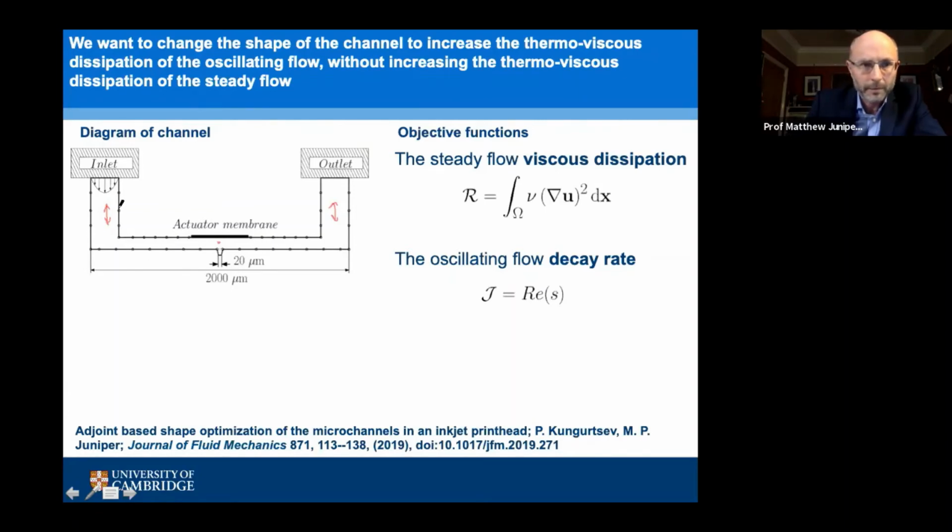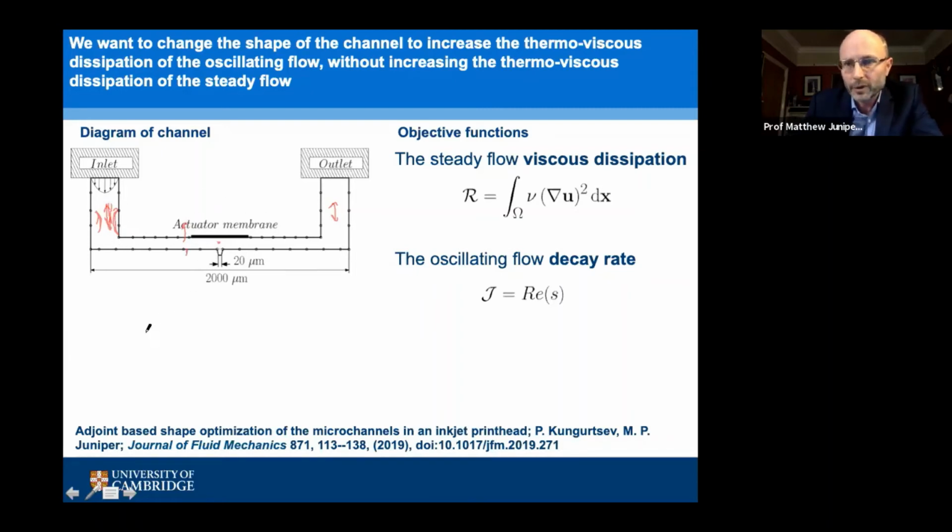So you'd expect the optimization algorithm with the adjoints to constrict around here, where there's a large acoustic oscillation, and then open up in the middle, where the acoustic velocity is small, so you won't change the acoustic dissipation by changing the geometry there very much, but it's making up for the fact that for the throughput, you've constrained the flow here, so increased the viscous dissipation. You need to decrease the viscous dissipation elsewhere to account for that.